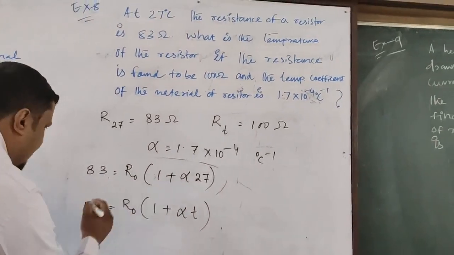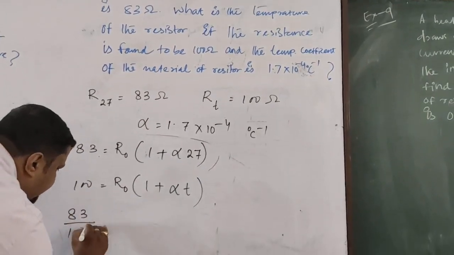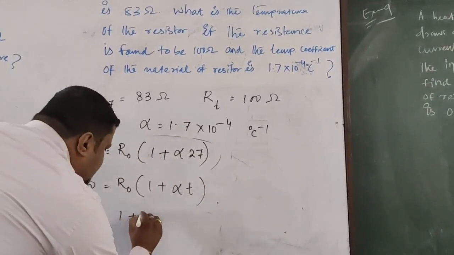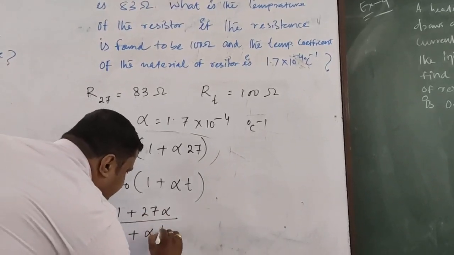And if you divide these two, 83 by 100 is equal to, the R0 gets cancelled, (1 plus 27 alpha) divided by (1 plus alpha T).